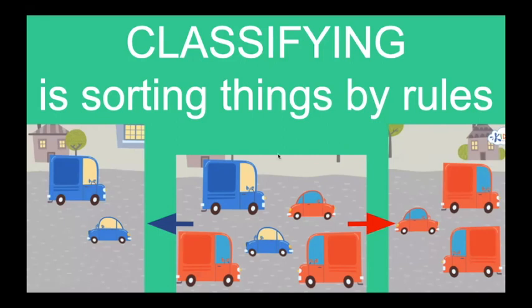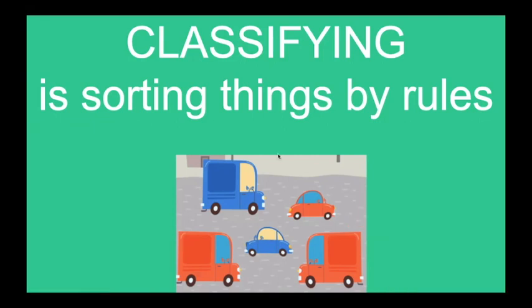All right, so we can classify them in a different way. So let's choose a different rule. Okay, let's classify them by size. All right, on the left side we put big cars, and on the right side we put small cars. What do you think?